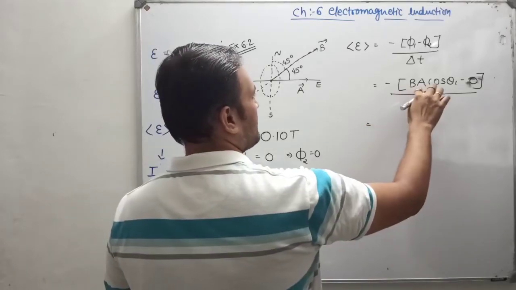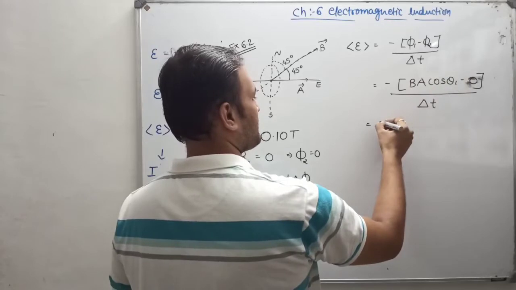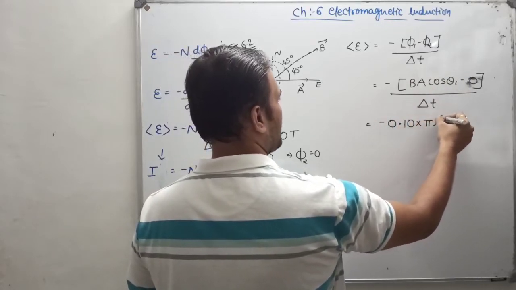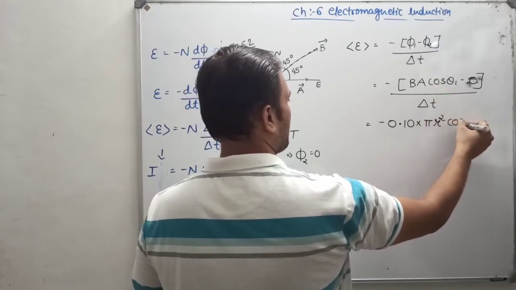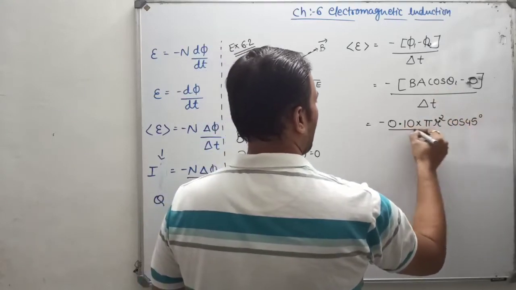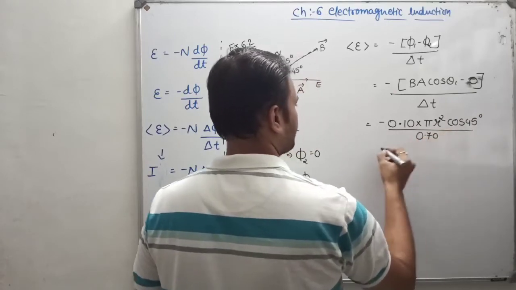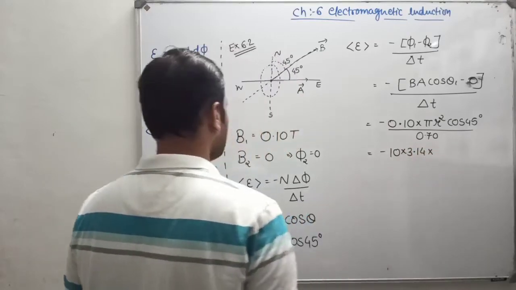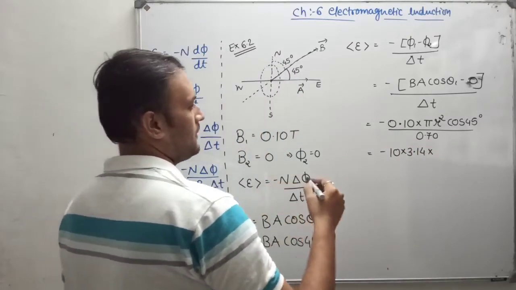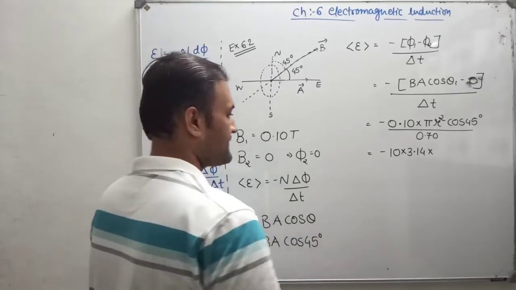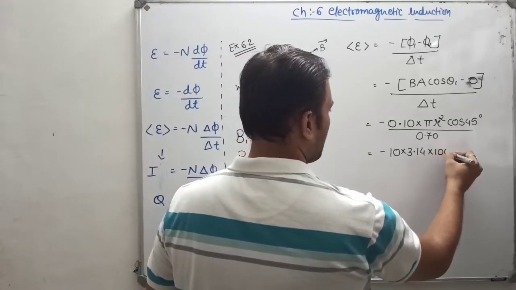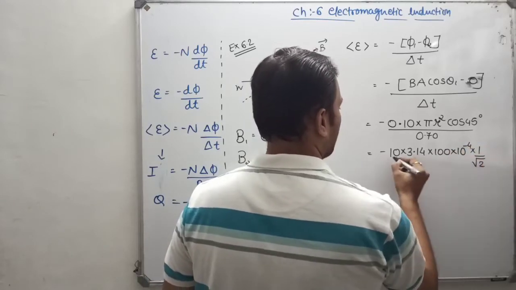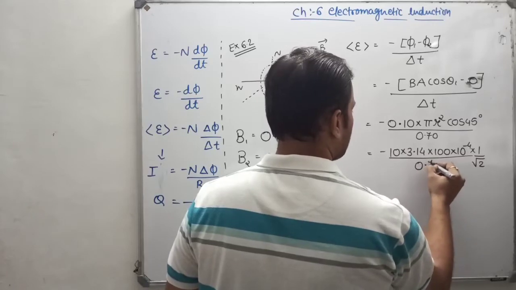Now put the data in this equation: 0.10 here, pi r square cos theta 1, cos 45 degrees, upon 0.7. The radius is given as 10 centimeter, whole square, so 100 into 10 raised to minus 4, 1 upon root 2, upon 0.7.